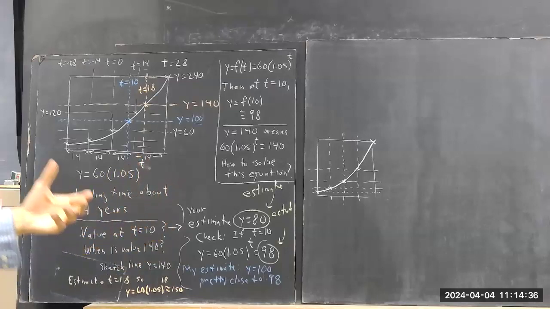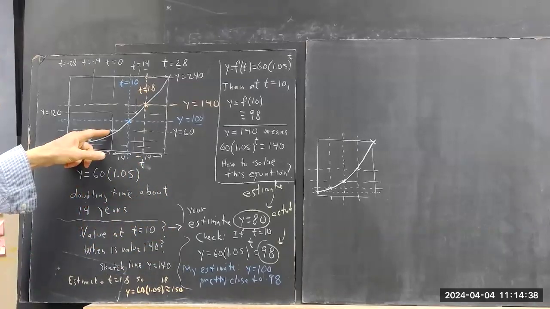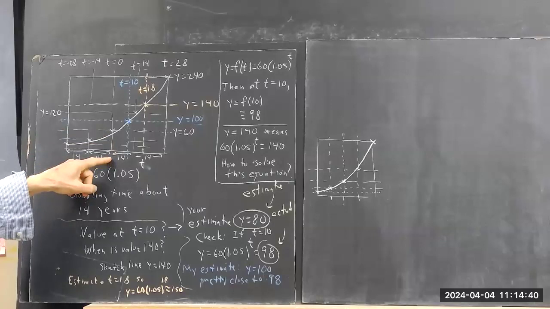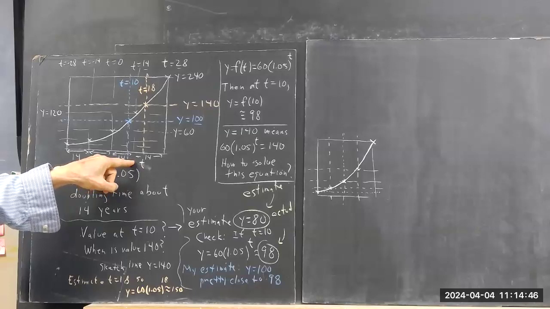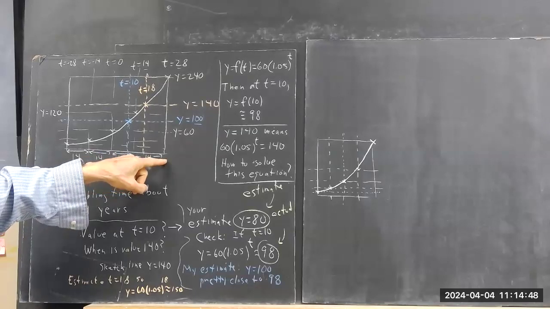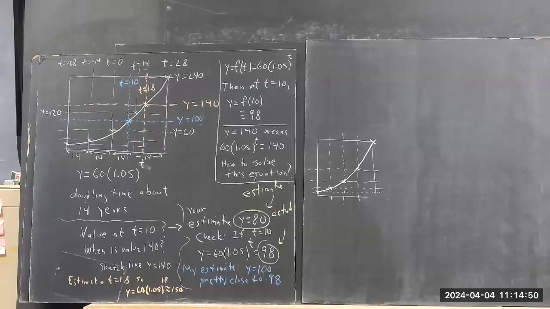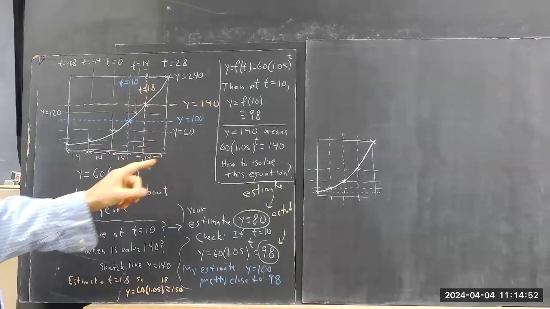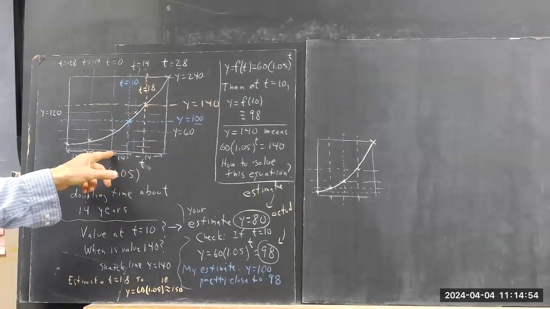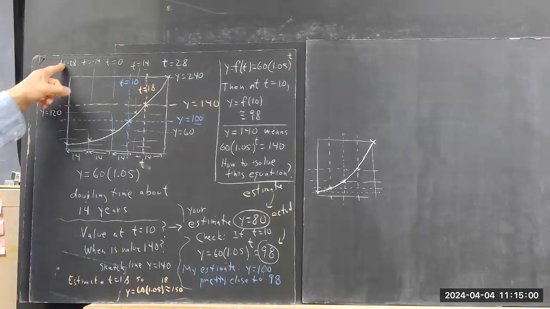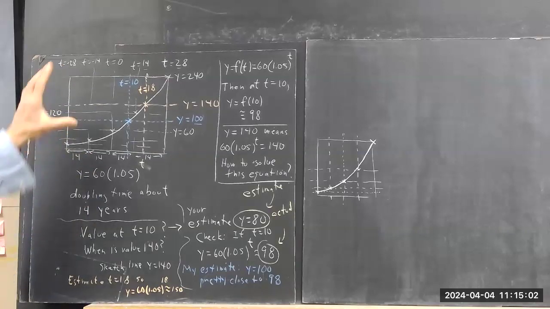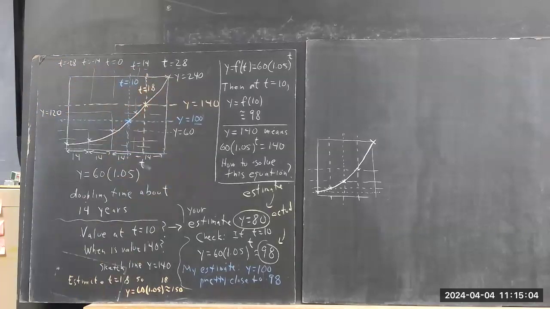Then 14 years later, what's t? Well, it's 14. And 14 years after that, what's t? Well, it's 28. These are 14-year increments on our construction line. 14 years ago, t was negative 14. Negative 14 means 14 years ago. t equals negative 28 means 28 years ago. That's how we understand this graph.